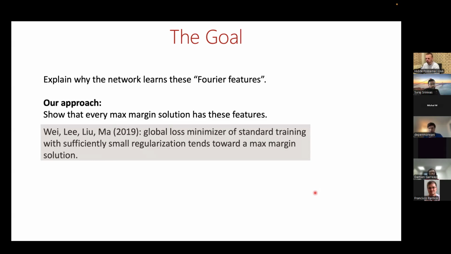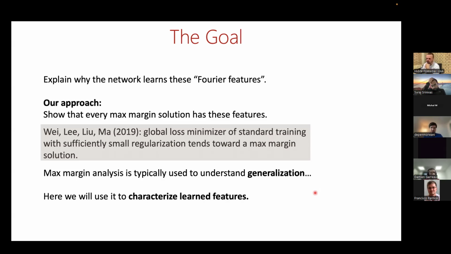So this is how we connect it to the training time, but the main proof is going to be that every max margin solution has these features. Typically, max margin analysis is used to understand generalization in neural nets, like why do they perform well on test given that they have used finite training samples. But in this talk we are going to use it to characterize learned features.